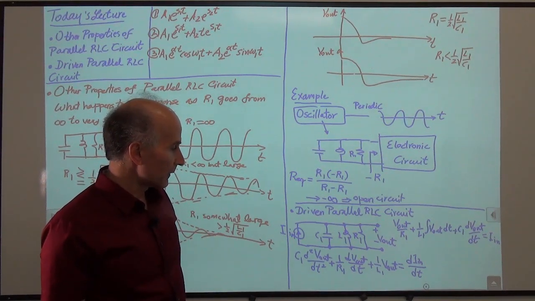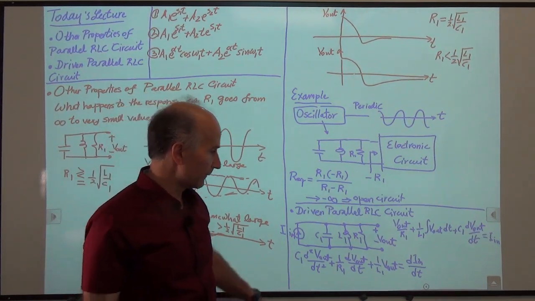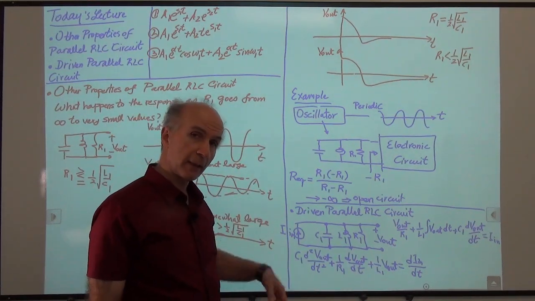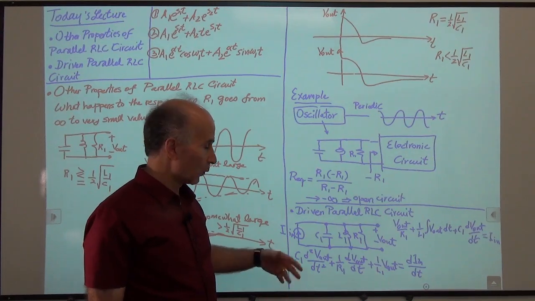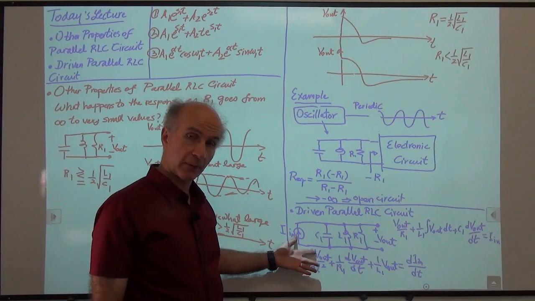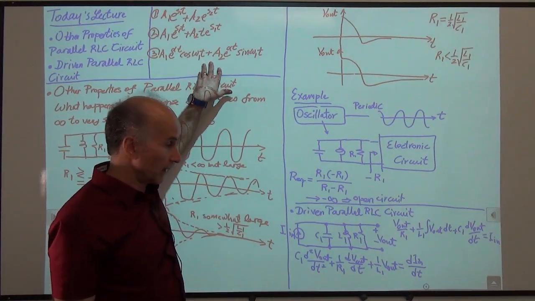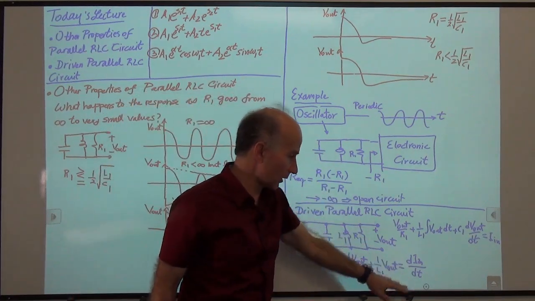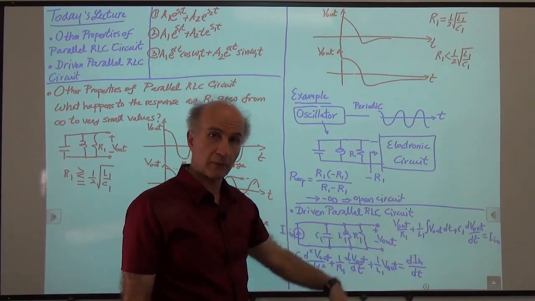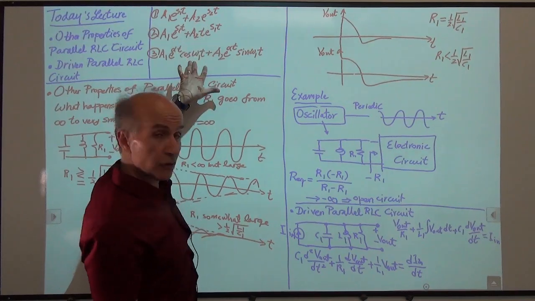Okay, so how do we go about solving this problem? Well, what we know is that V out should have some form according to what we expected before for the natural response, right? So we had one of these 3 forms for V out. And now the only thing is that this side has changed. So depending on what I in is, of course, we will have different solutions that are added to these natural responses, right?